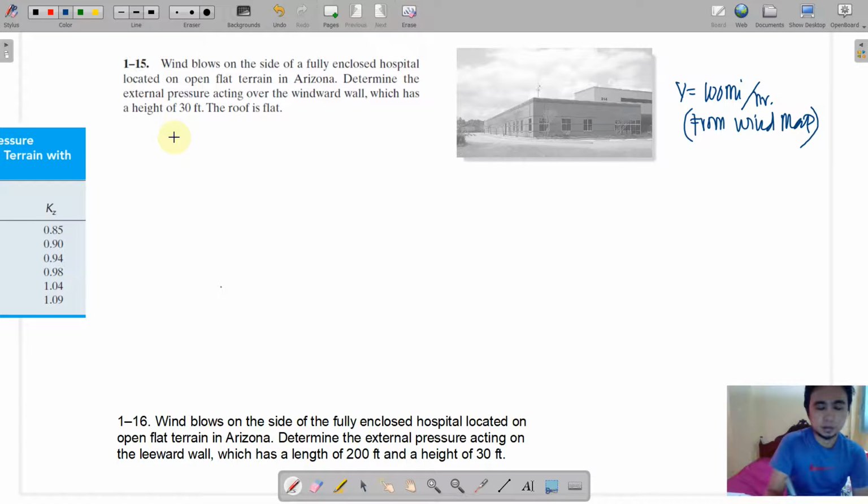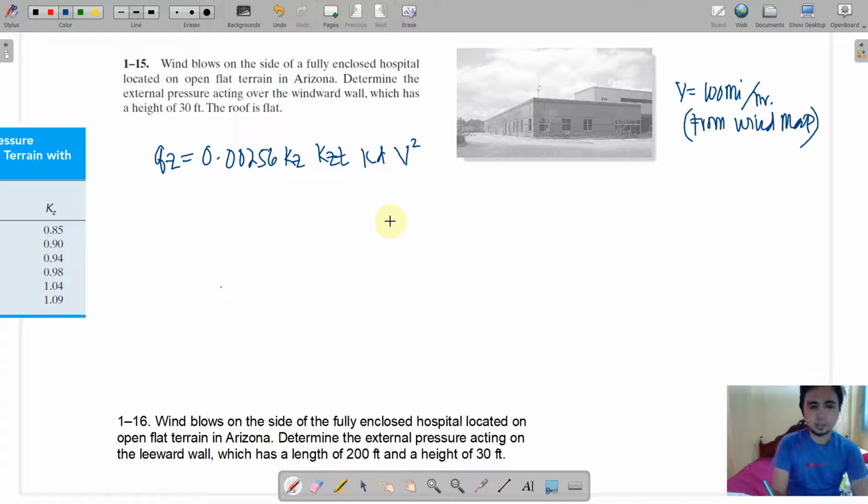So we will be dealing with the English formula. Okay. So the formula for mean velocity pressure, QZ, is equal to 0.00256 kz kzt times kd times v squared. Okay, so as we can see here, we have a roofing that is flat.